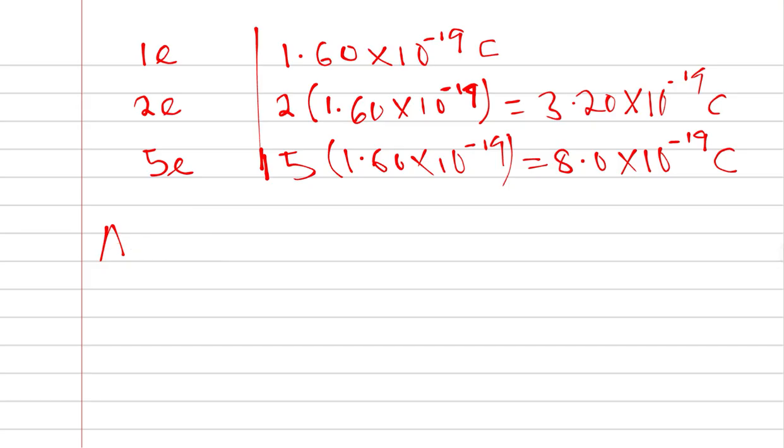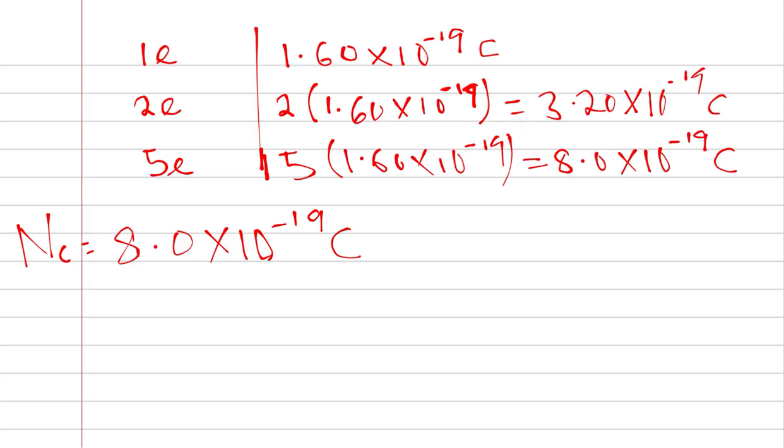So an object has a net charge of 8.0 times 10 to the power minus 19 coulombs. Then the question is, how many charges does it have? That means if the total is 8.0, then how many electrons are in there?